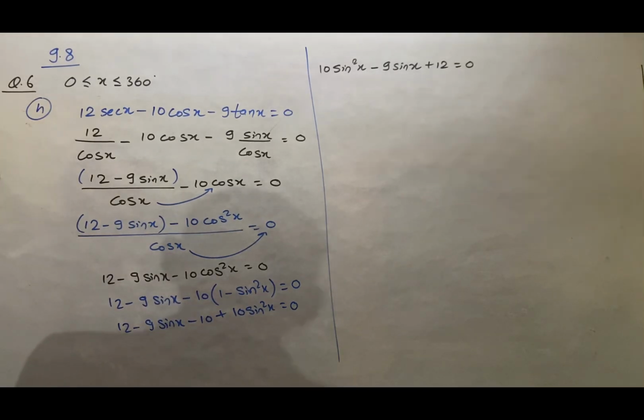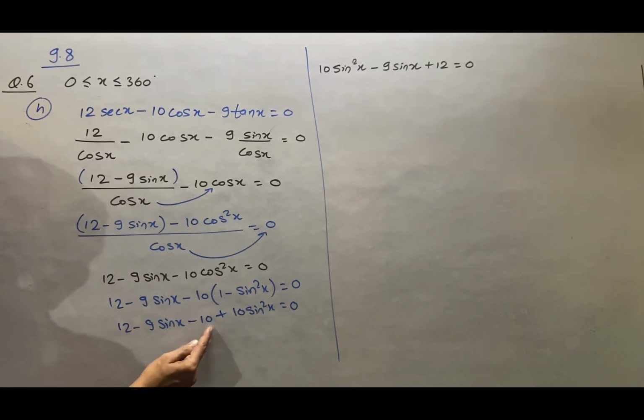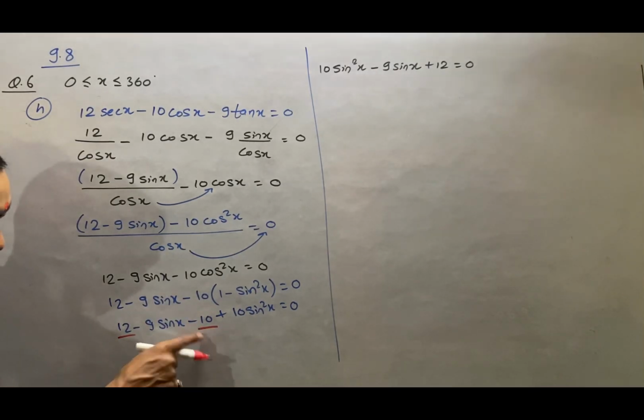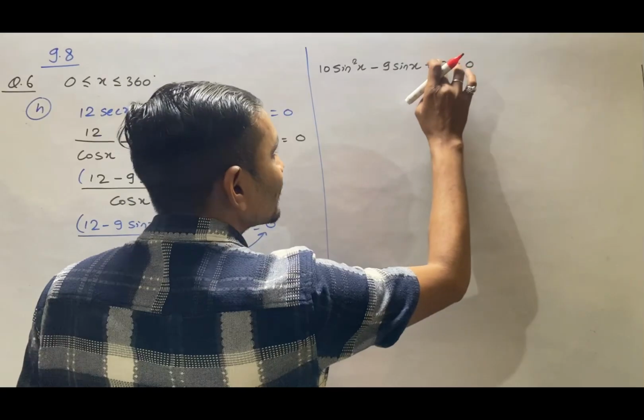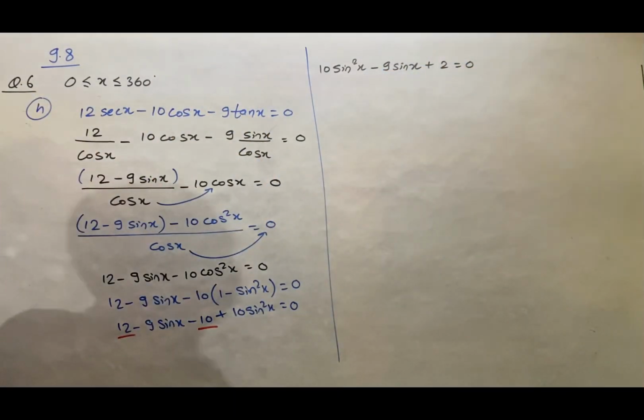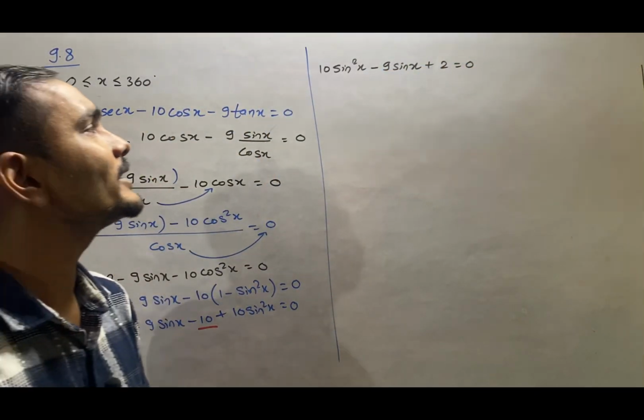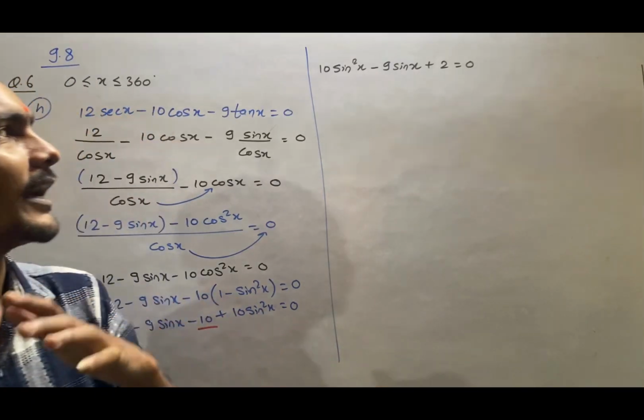Okay, no. We missed these two things: 12 minus 10. Here we have two constant values. So 12 minus 10 is 2, not 12. Now the product of two numbers is 20 and the addition is 9.